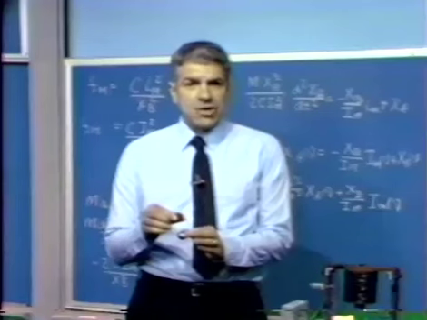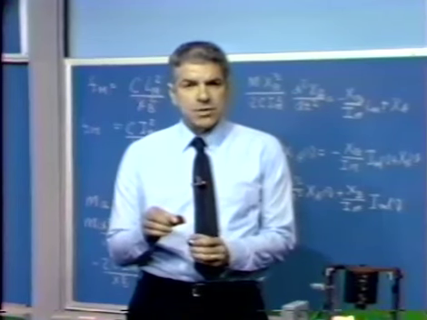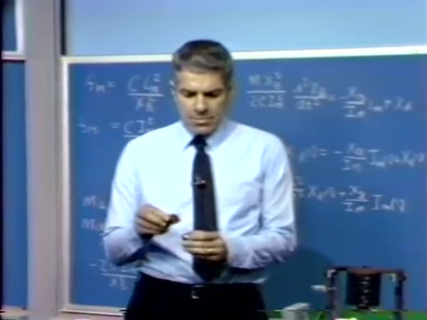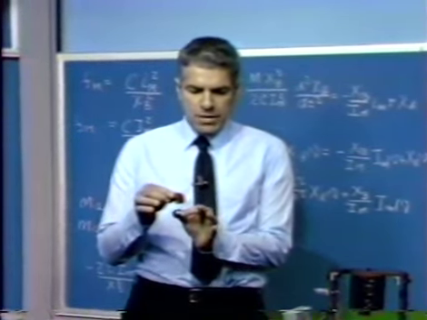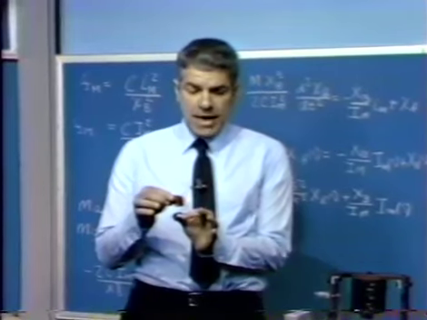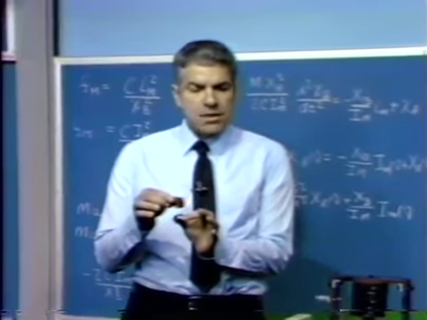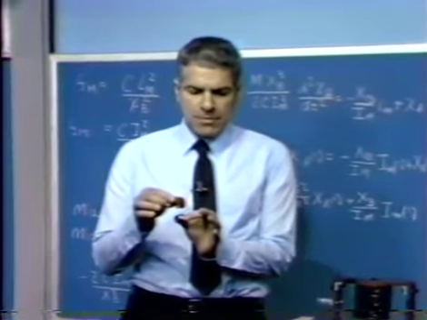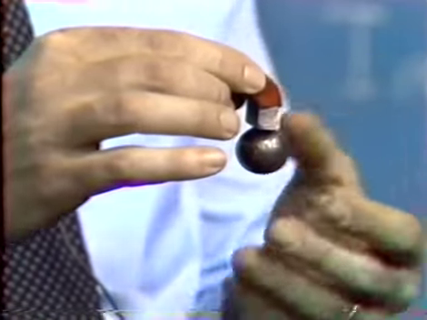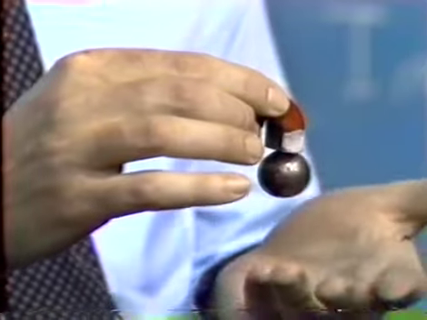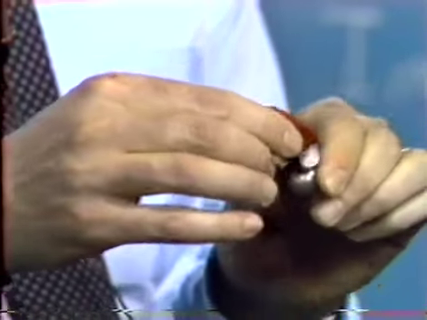In fact, the general demonstration that it's not possible is known as Earnshaw's theorem. And the problem is that while we can find some point where the magnetic force exactly balances the force of gravity, that's an unstable equilibrium point. If the ball gets a little bit closer to the magnet, the magnetic force increases, of course the force of gravity is constant, and so the ball is pulled into the magnet.